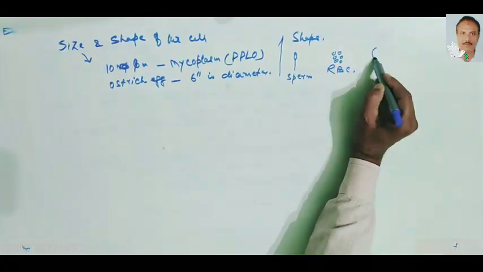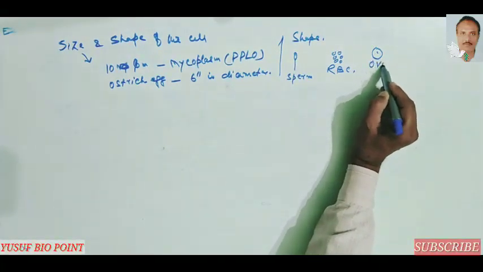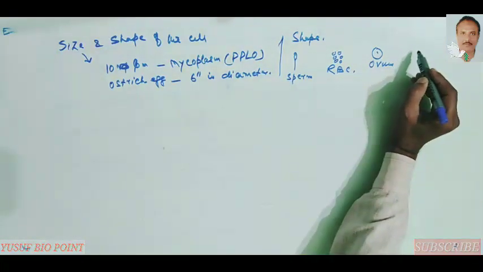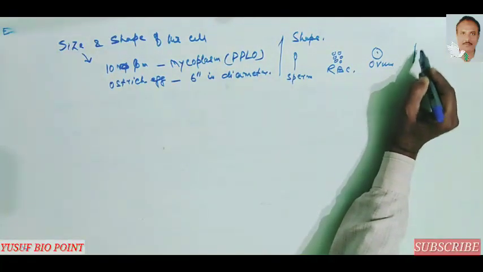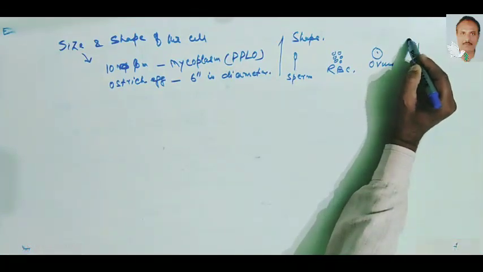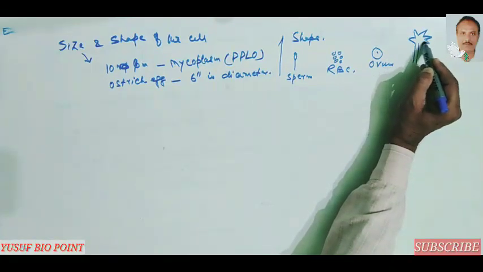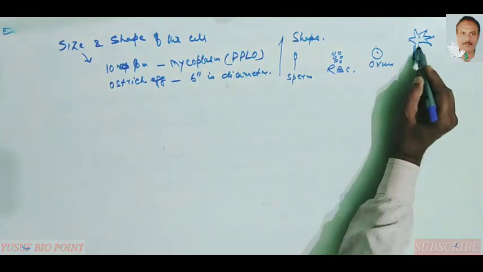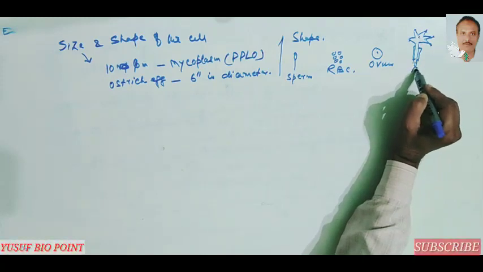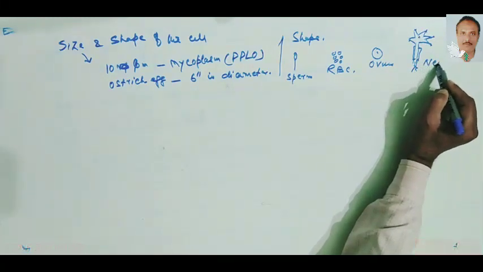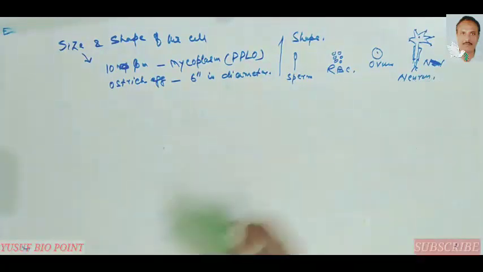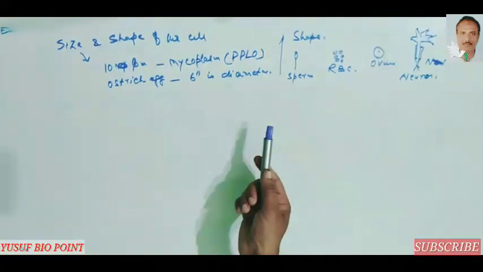This is a sperm, this is an ovum, and this is the cell of a neuron, that is, the cells of nerves. So the cells are found in different shapes.